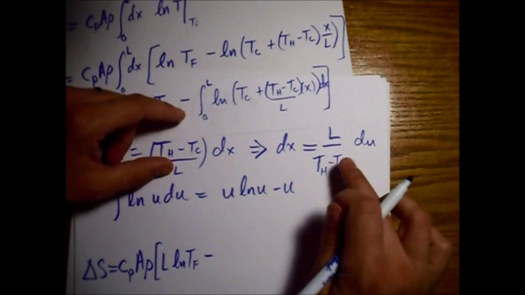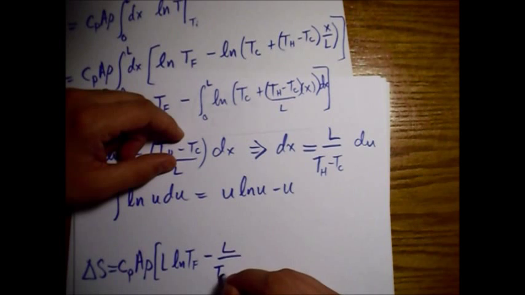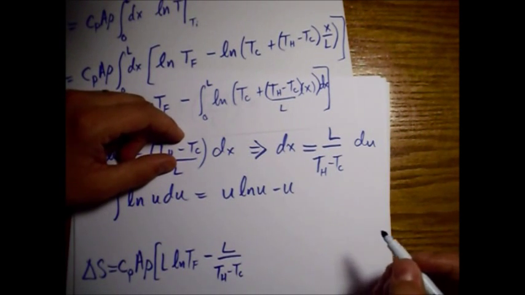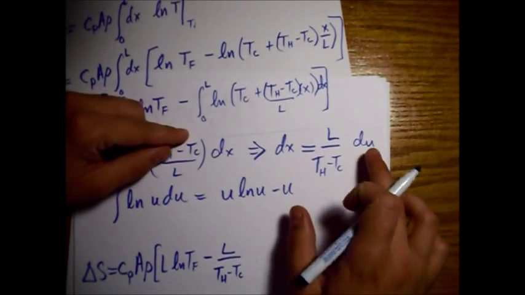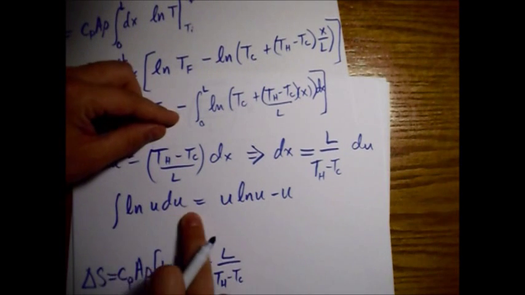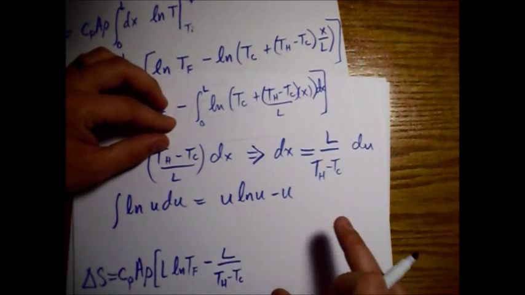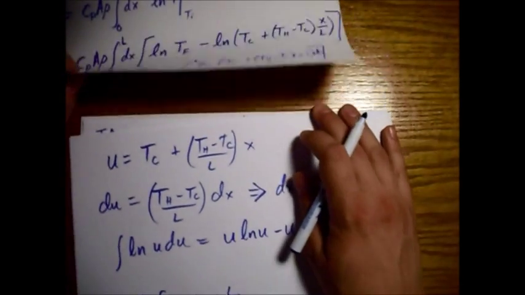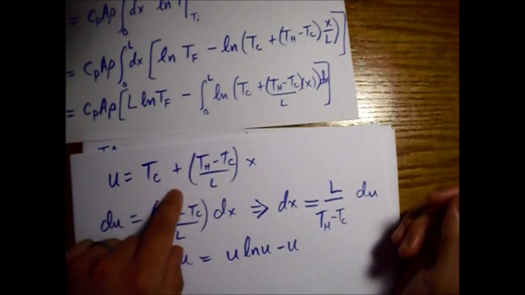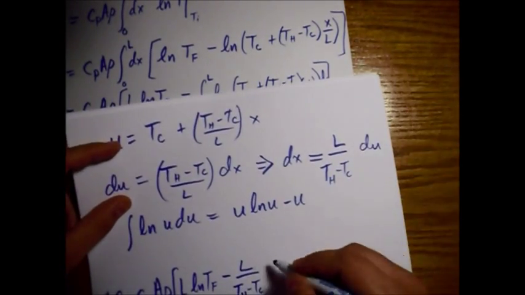We're going to have this L over (Th minus Tc) out front, and then this would turn into this integral right here. So then we would get this, but I'm going to bring that and try and substitute this back in.